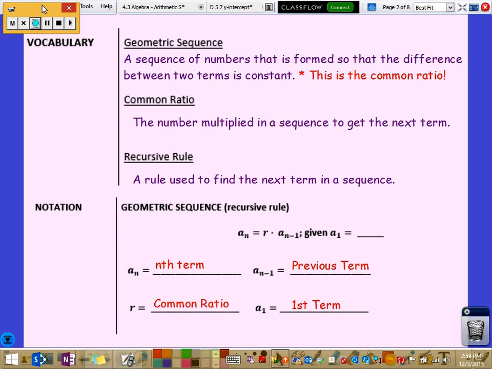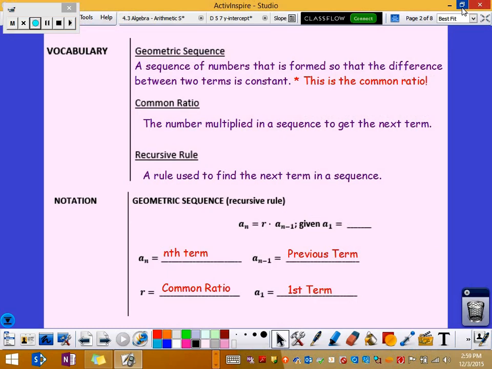So a geometric sequence, remember, is when we are multiplying to get to the next term. And that's why it's called a ratio. So the common ratio is the number multiplied in a sequence to get to the next term. That's the number you're multiplying by. The recursive rule is a rule that we use to find the next term in a sequence. So all of this is old news to us.